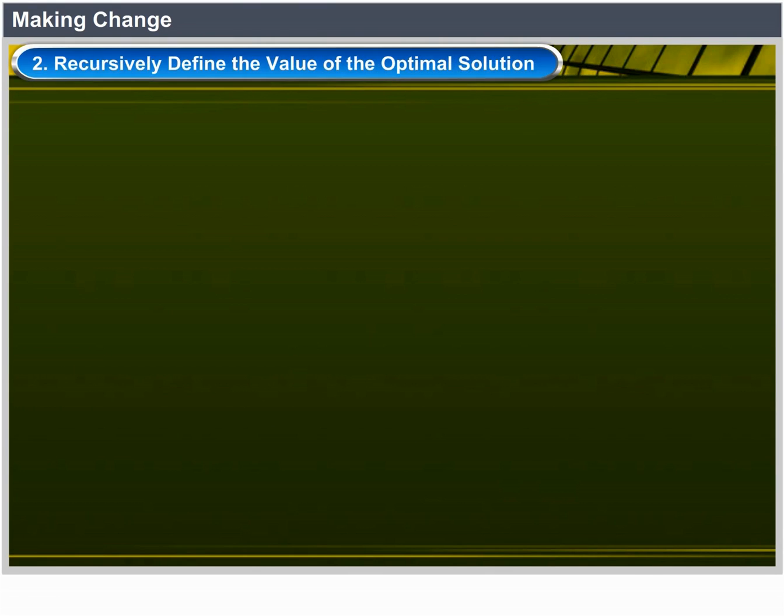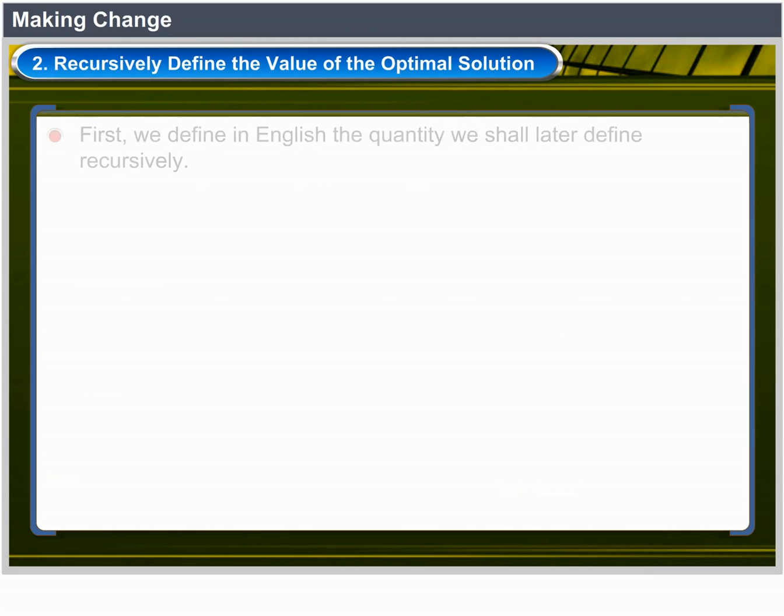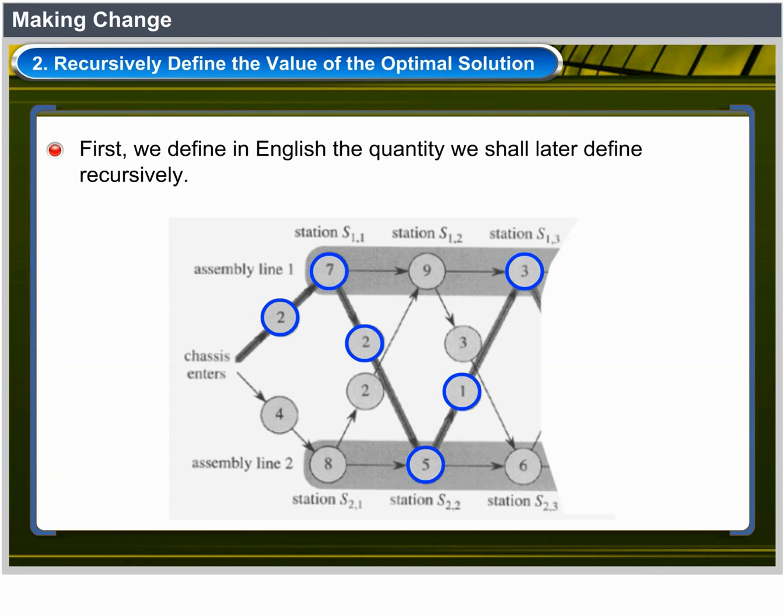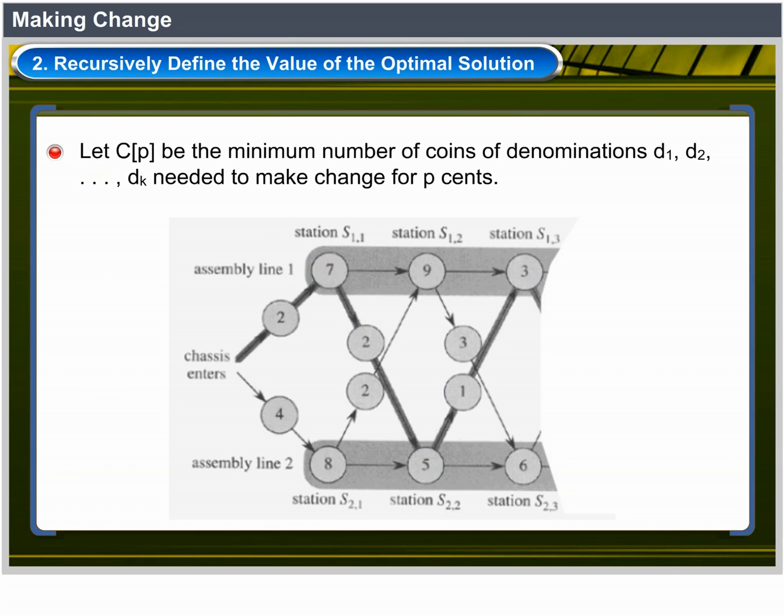Recursively define the value of the optimal solution. First, we define in English the quantity we shall later define recursively. Let C(P) be the minimum number of coins of denominations d1, d2 up to dk needed to make change for P cents.